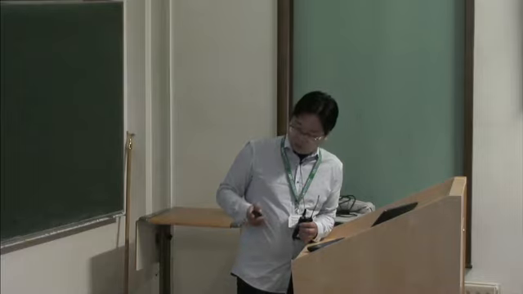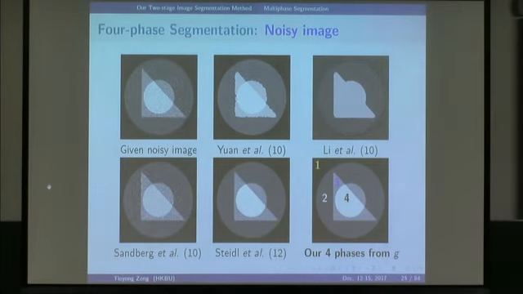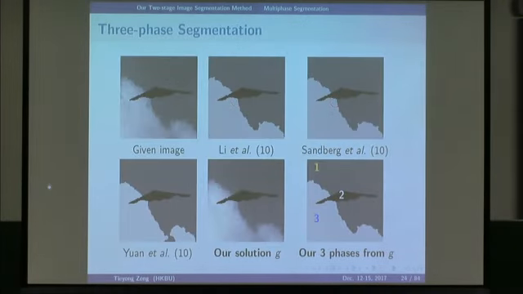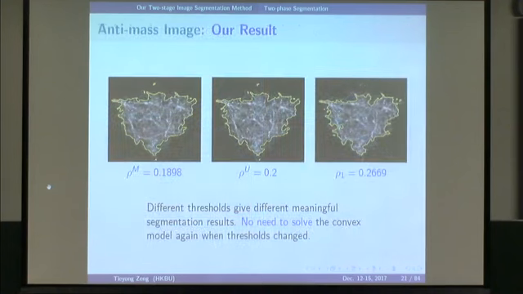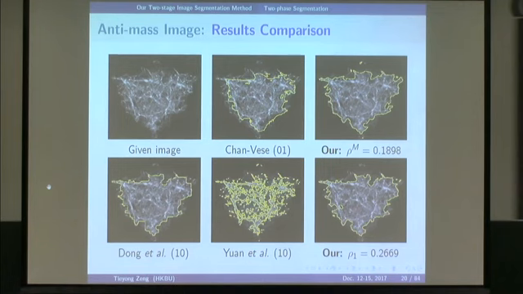Let me look at one example, the previous one. For this parameter with k-means, basically, if you look at the histogram of this smoothed image, you do some two-cluster clustering.